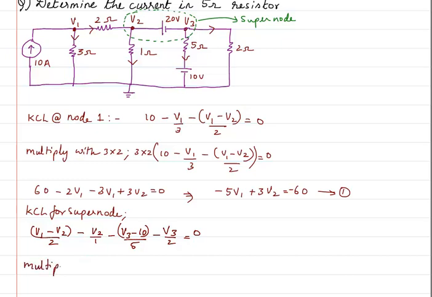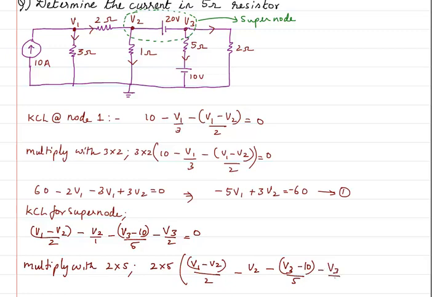So multiply with 2 into 5. So I am going to directly multiply it. So 2 into 5 multiplied with (V1 - V2)/2, minus V2/1, minus (V3 - 10)/5, minus V3/2 is equal to 0.